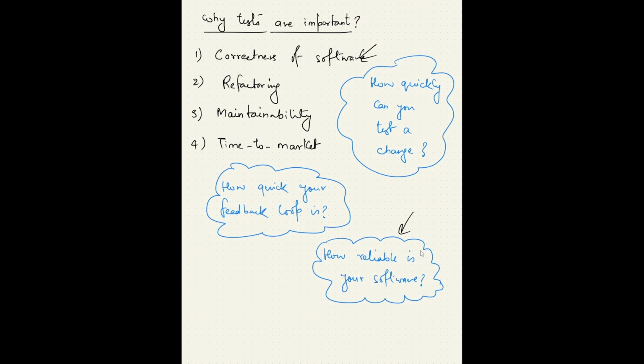Test cases are important. The second thing is, if we are making a change, then we want to know as soon as possible if we broke anything. So it's important to think about how quickly we can test the change. And the second point is related: how quick our feedback loop is if we are making a new change. If there are no test cases, then it may take some time to get the actual feedback, depending on what we committed.